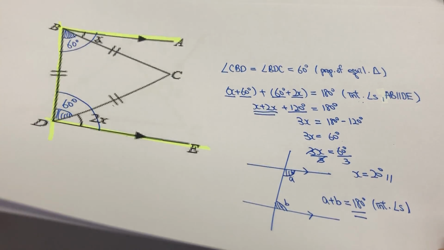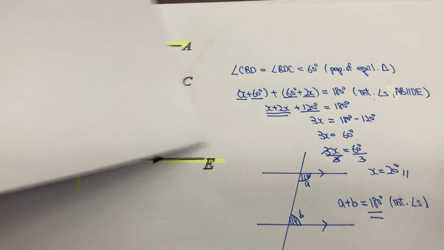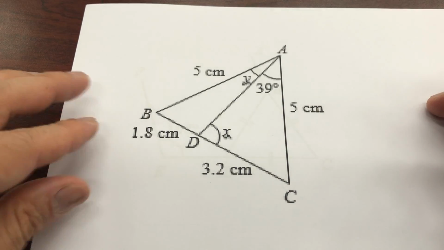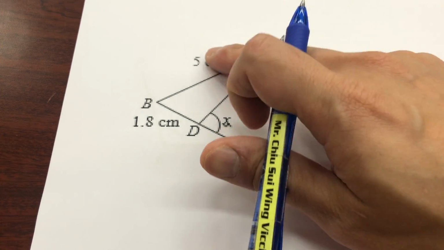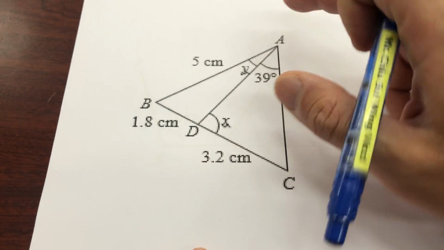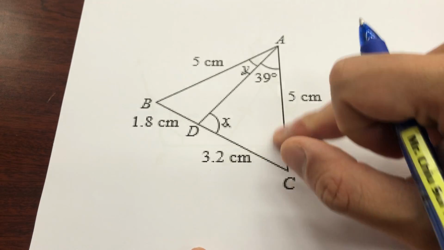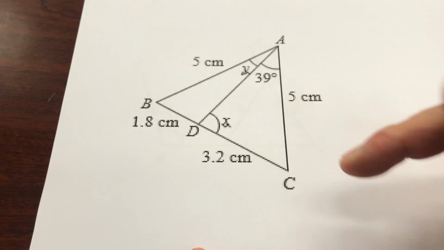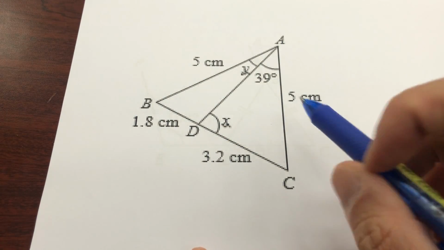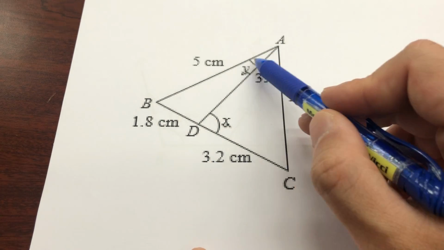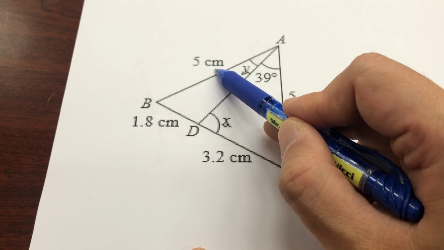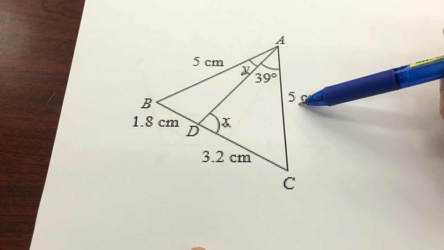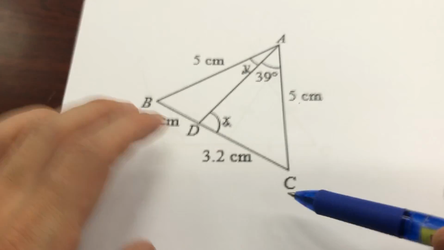Now let's look at the last one, this one. Okay, so many data here. Is it very messy? Look at the big picture, the big triangle. Please think, is it an equilateral triangle? We have AB is 5 cm, AC also 5 cm. What about BC?